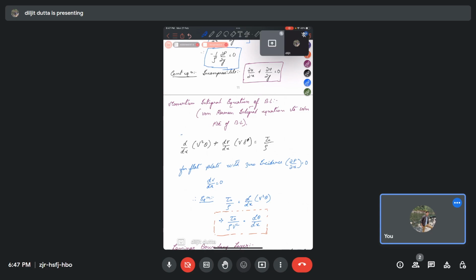He found that d by dx of V square theta plus d by dx of V delta star equals tau naught by rho, where tau naught by rho is given as the shear velocity square.